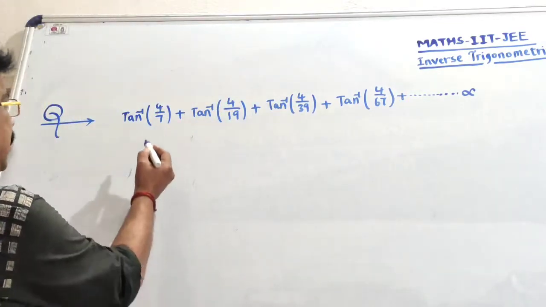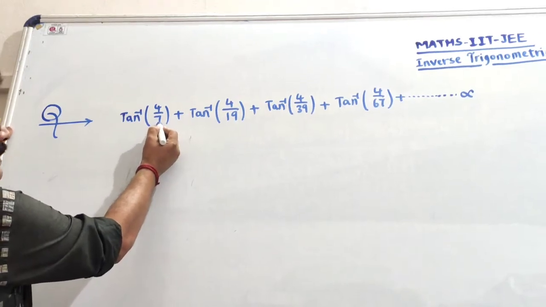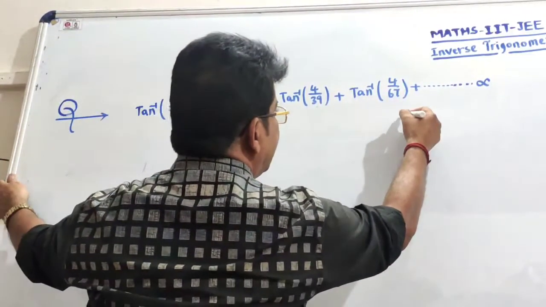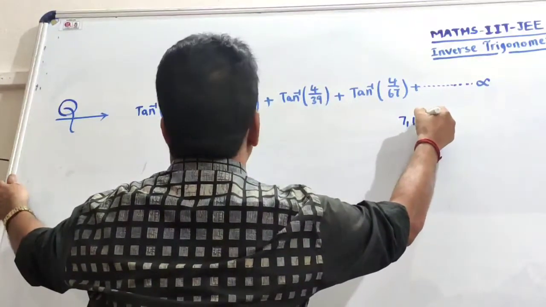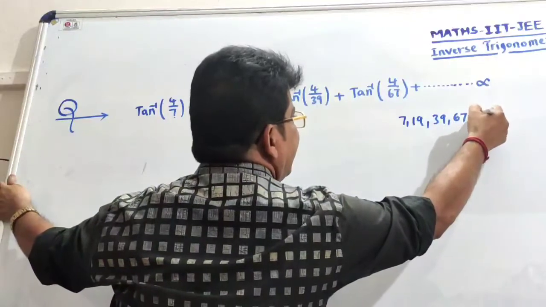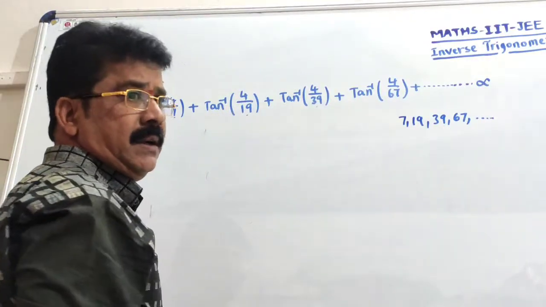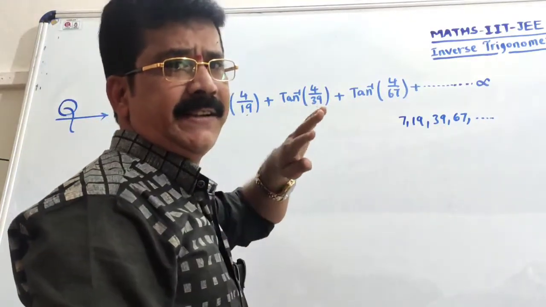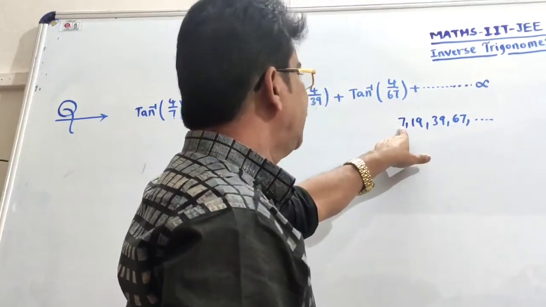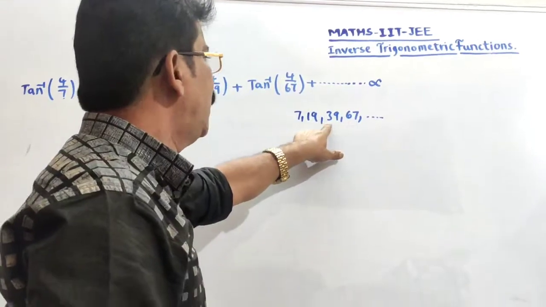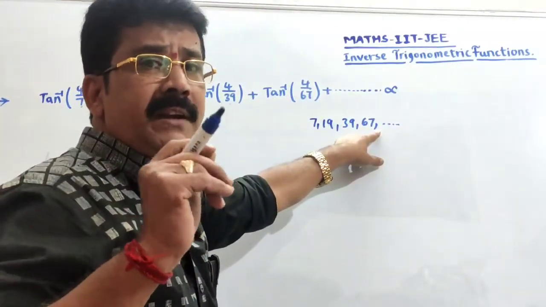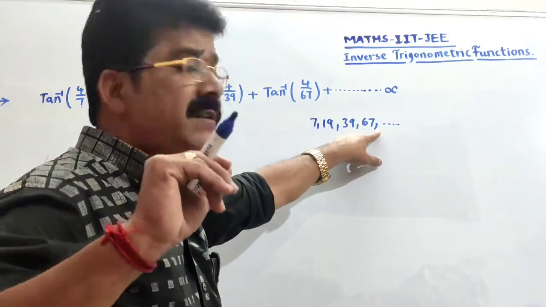Now, let us consider all the denominators: 7, 19, 39, 67 and so on. Let us verify whether it is in AP or in GP. 19 minus 7 is 12, 39 minus 19 is 20, so it is neither AP nor GP.